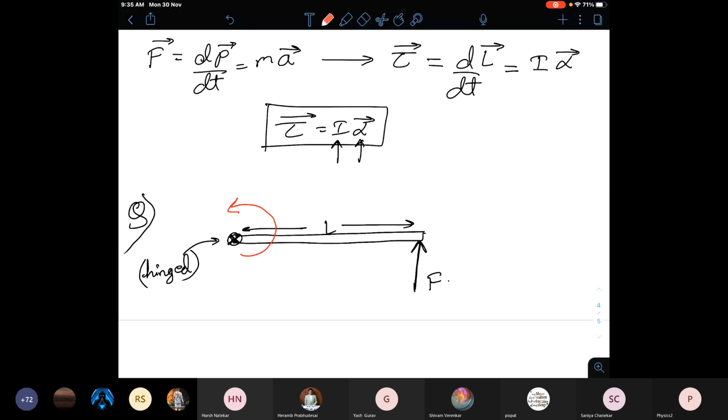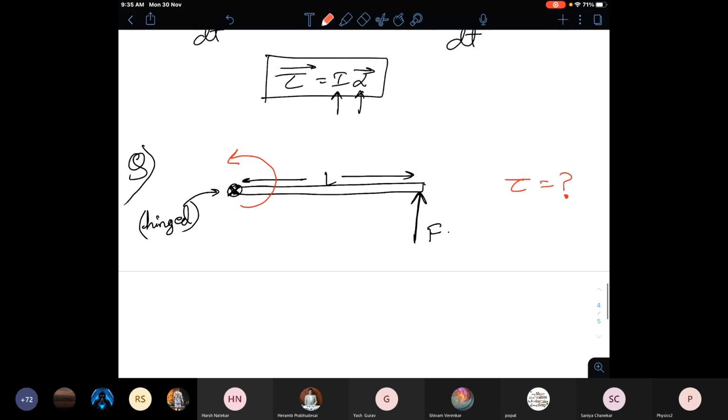If it is showing motion and force is being used to create that motion, then there must be some torque associated with the rod. What is that torque? That is what we have to calculate.